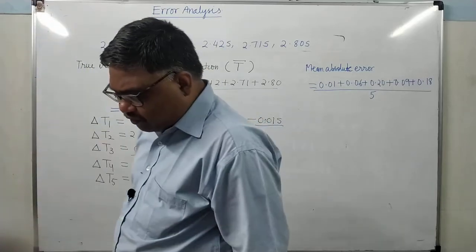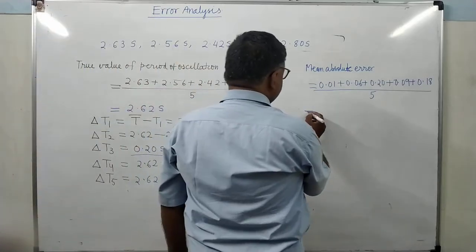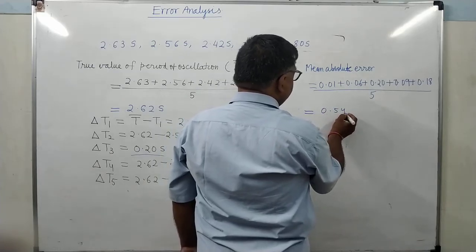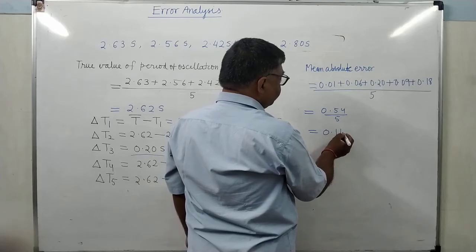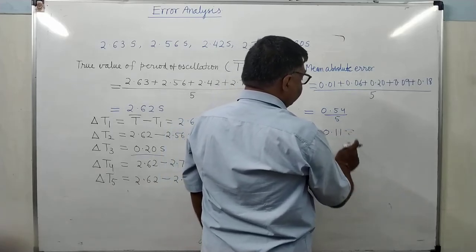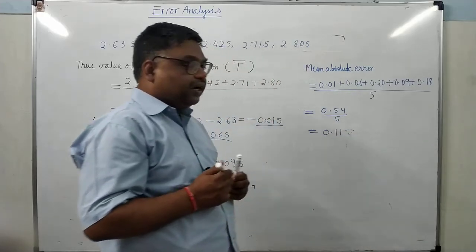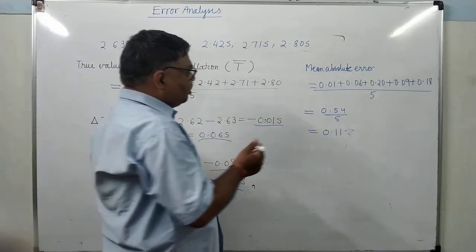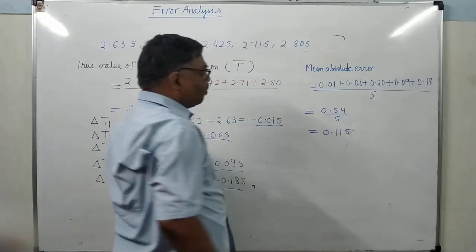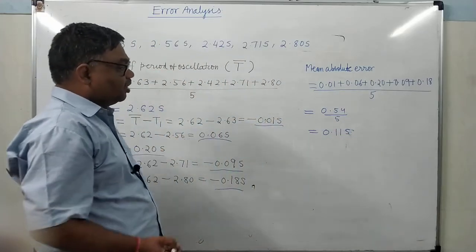Here it is 0.54 upon 5. When you calculate it, it comes out 0.11. It is clear? Here it is the mean absolute error, 0.11 second. Relative error has no unit.